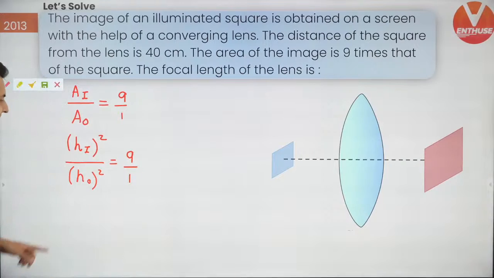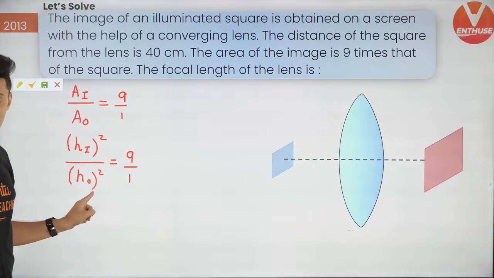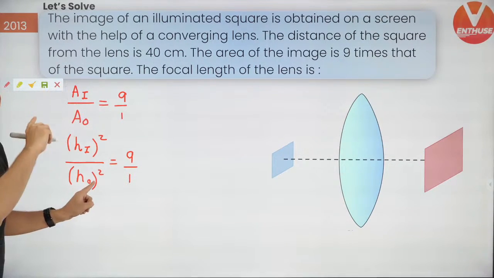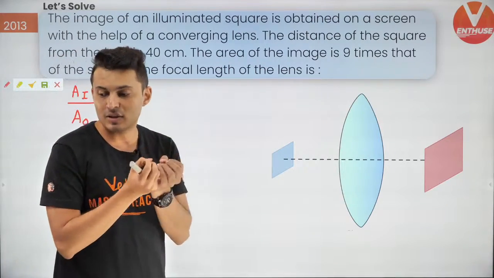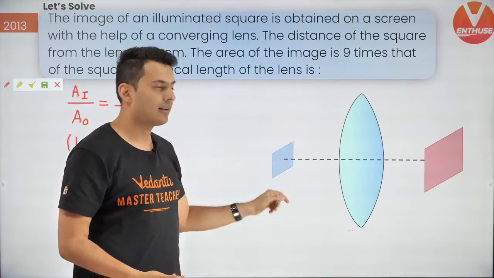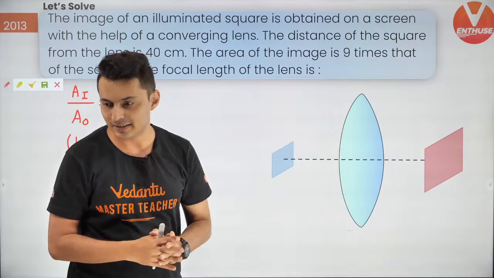Isn't it? Now think, illuminated square means it's like a source of light. It's a bright square. That's all you need to understand, Shreyas. Okay.